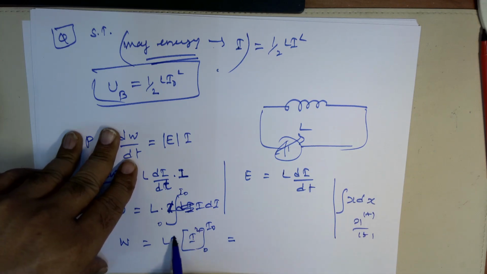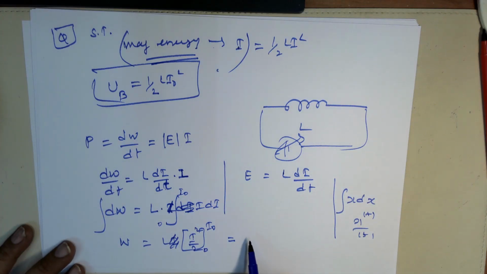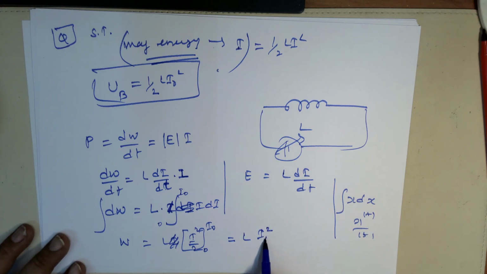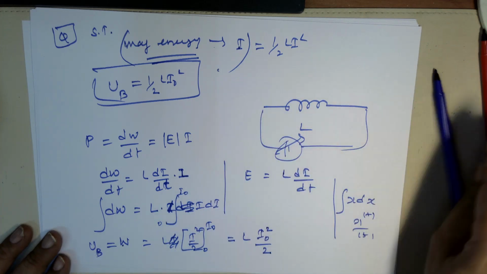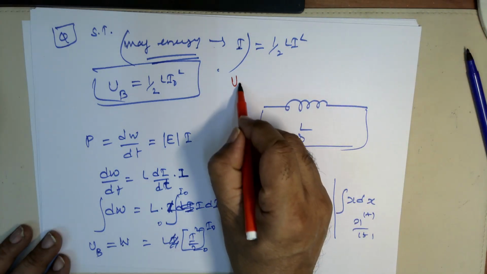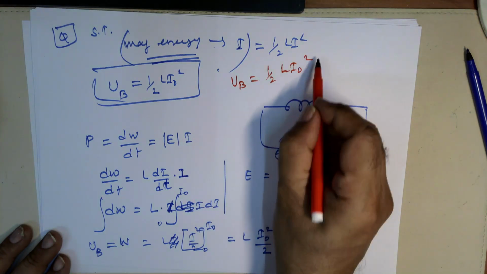So it becomes I squared divided by 2, right? Therefore, this is L into I squared divided by 2. Instead of I squared, I can put I naught squared divided by 2 minus, you can substitute 0, so you can ignore it. So L I naught squared divided by 2. That is nothing but your work, which is nothing but your potential energy, magnetic energy. Therefore, the magnetic energy here is shown to be 1 by 2 L I naught squared. Hence the proof.